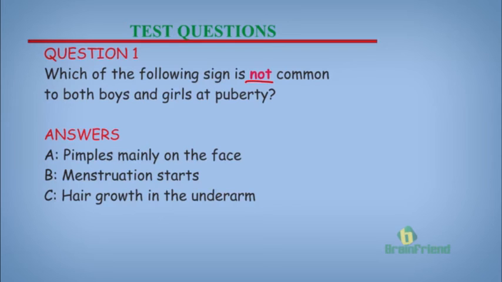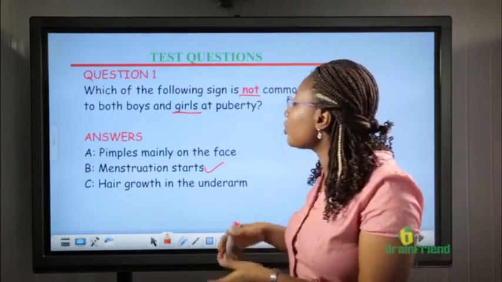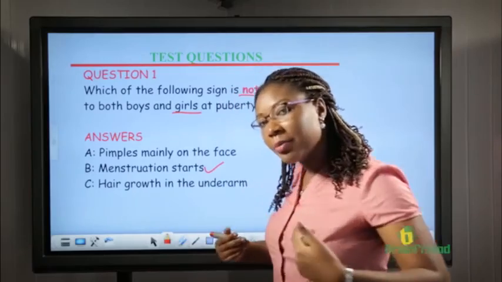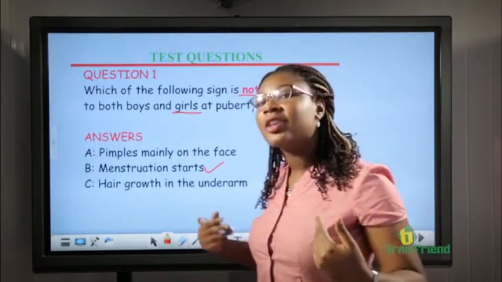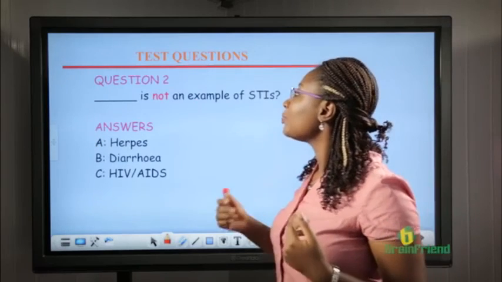If you chose B, then you're correct. Menstruation is just for the girls. It is not common to both of them. Pimples, they are common. A boy can have pimples, the girl can also have pimples. Hair growth in the underarm. A boy can have that hair, the girl can also have the hair under their arm.